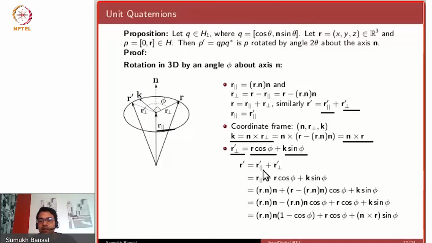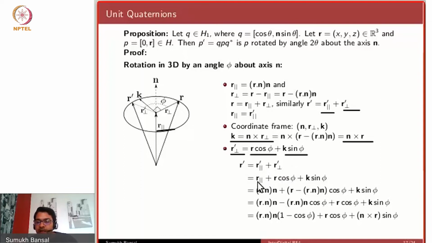Now we just substitute the basic definitions which we know in this expression over here. So we know r dash parallel is equal to r parallel, and then we put the value for r dash perpendicular in the expression. So this is the expression you get.